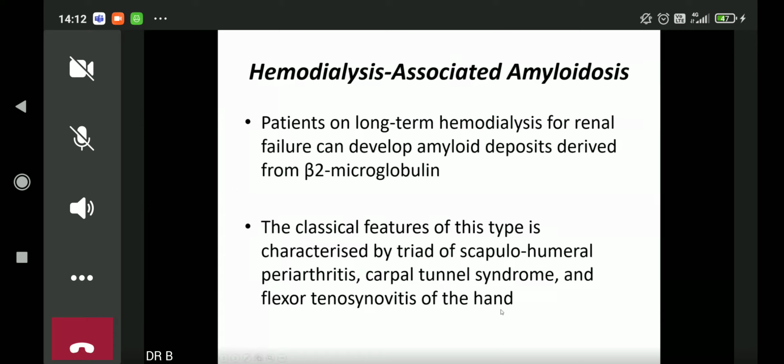If we talk about carpal tunnel syndrome, we know that it happens in the wrist. When there is amyloid deposition in the wrist, it starts narrowing down the channel through which all the tendons and nerves pass, leading to what is called carpal tunnel syndrome.